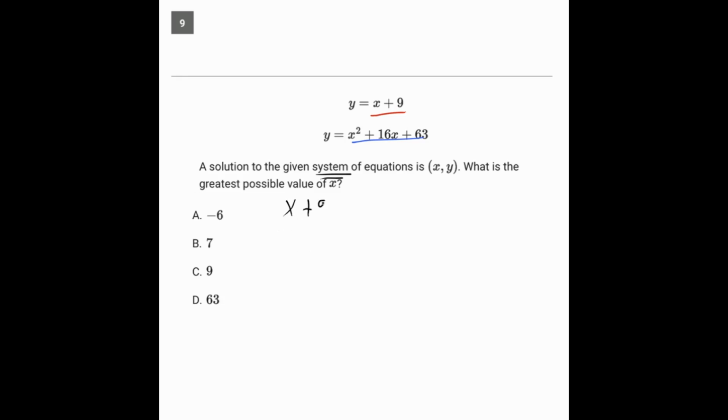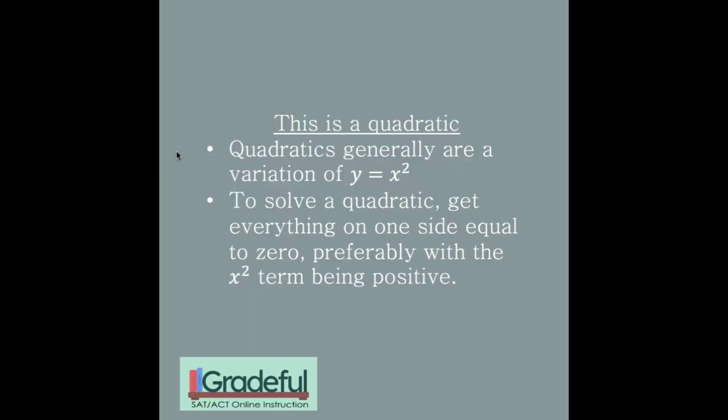x plus 9 equals x squared plus 16x plus 63. So now we have to realize this is a quadratic situation. And when you can say to yourself, this is a quadratic, those are generally variations of y equals x squared, y to the first power, and x to the second power.